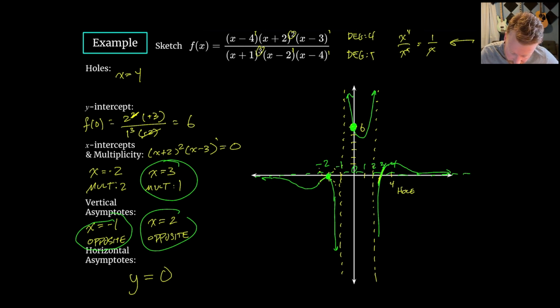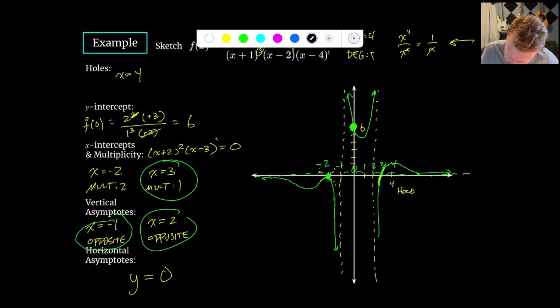I didn't mean to erase that whole thing. What I need to do is put in my hole right here, because there's a hole in the graph at 4. So I need to remember to put in that hole in the graph.